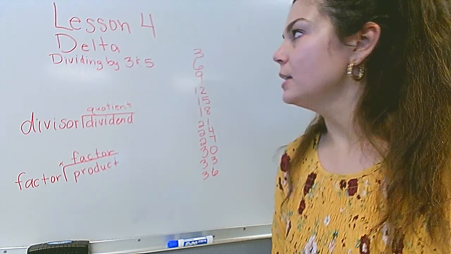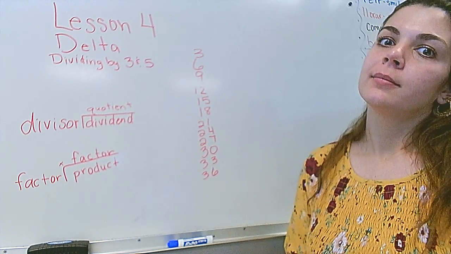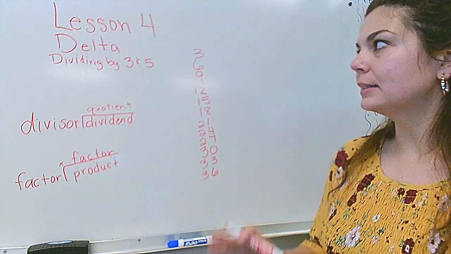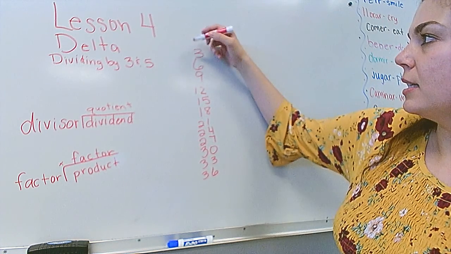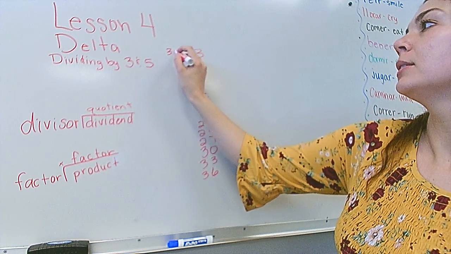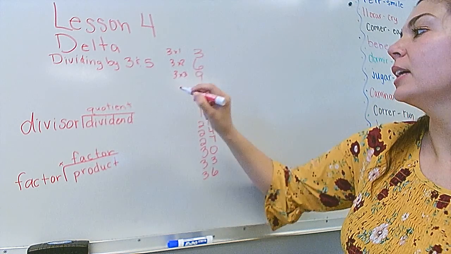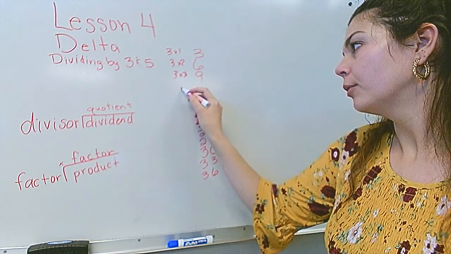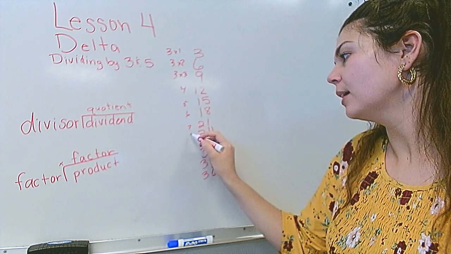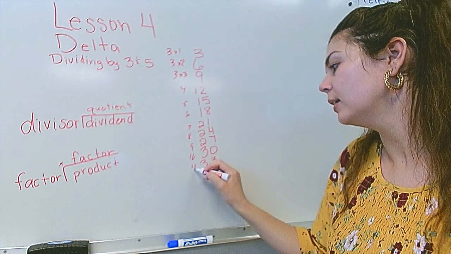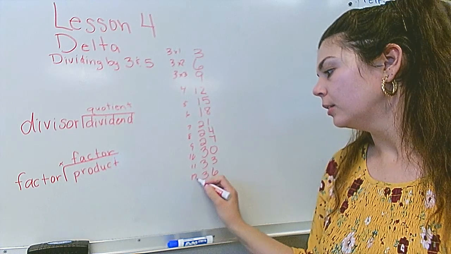All right, so these are all of our times 3. So this is 3 times 1, 3 times 2, 3 times 3, so on and so forth, 4, 5, 6, 7, 8, 9, 10, 11, and 12.